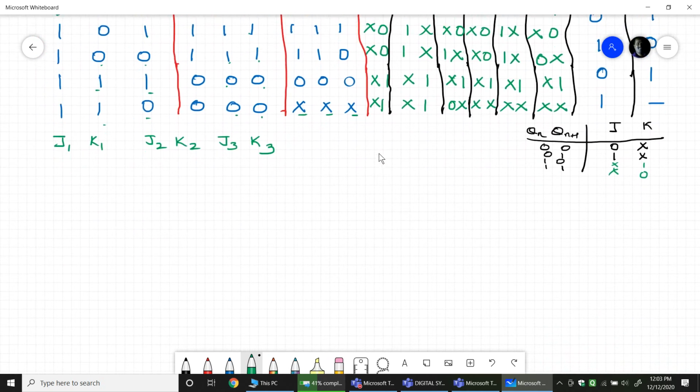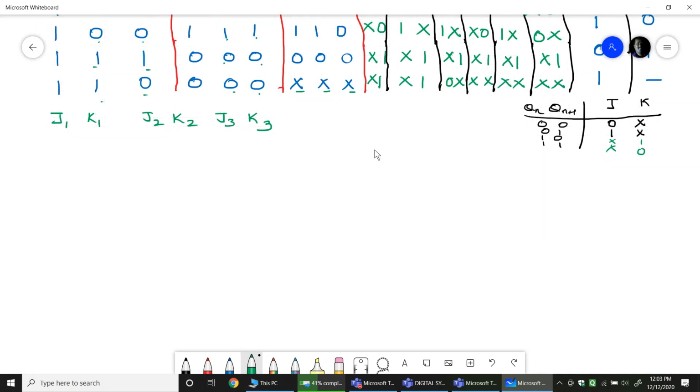So now the input would be what? Input would be Q1, Q2, Q3 present states and the input X. Therefore you will be getting a 4 variable K-map. So let me write for J1.